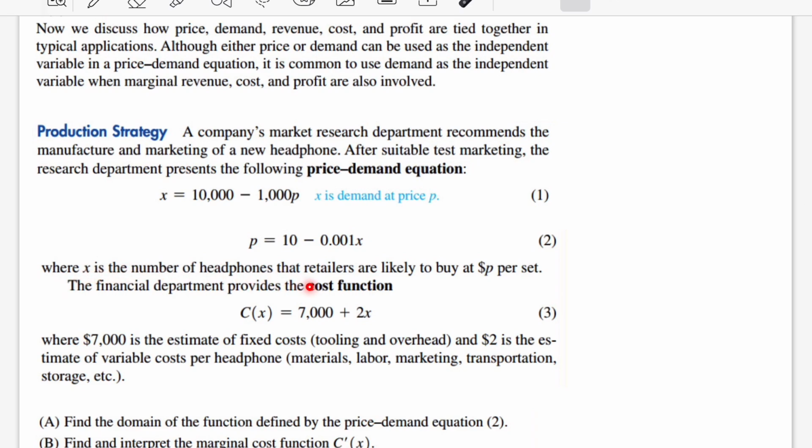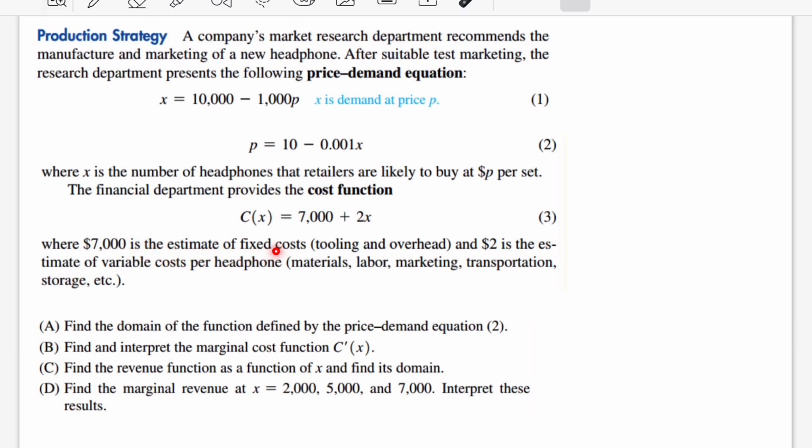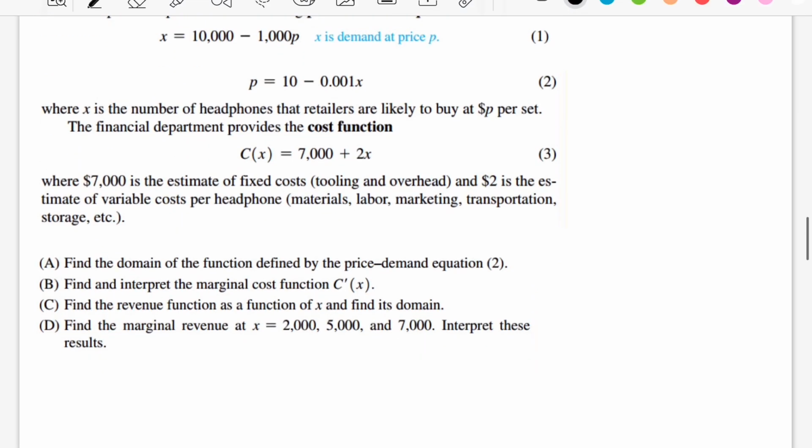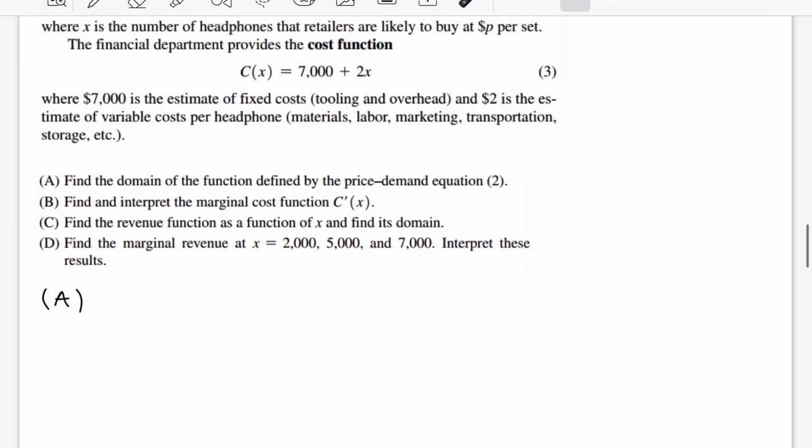Right, so X is the number of headphones that retailers are likely to buy at a given price, P. Then we're also given the cost function here. So 7,000 is the estimate of fixed costs, and $2 is the estimate of variable costs per headphone. So the first thing we want to do here is find the domain defined by the price-demand equation.